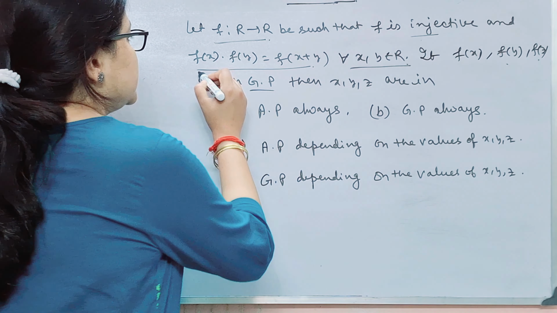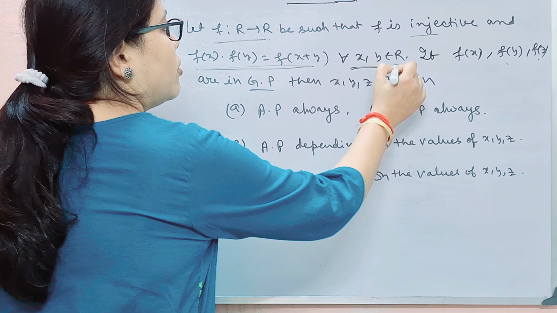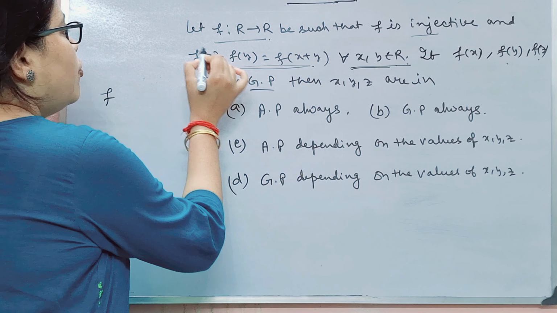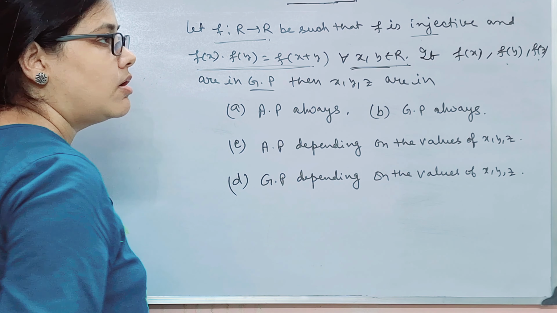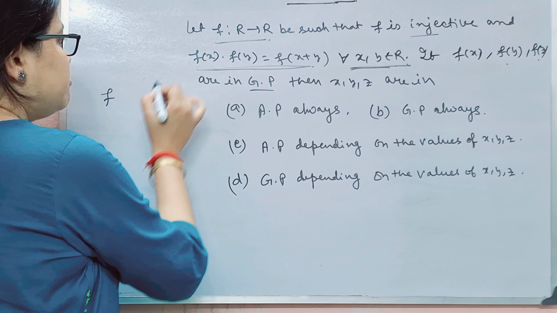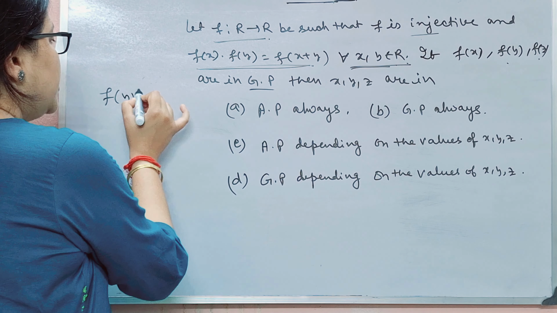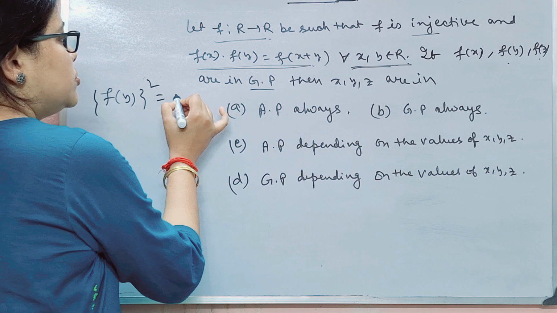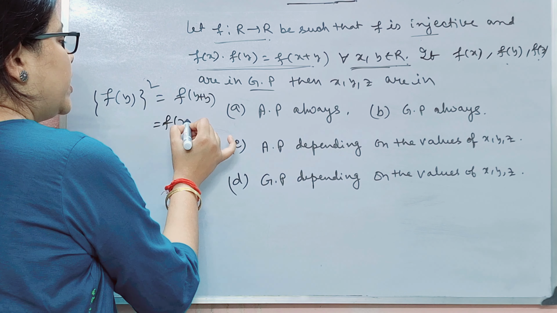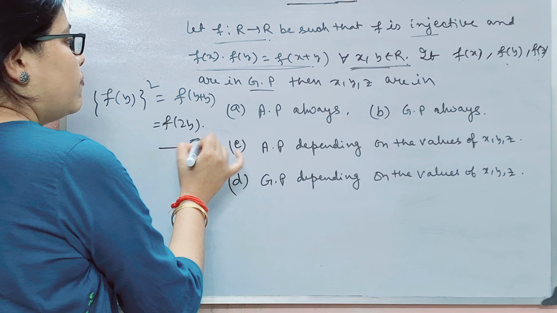Now at first, this relation holds for all x, y belonging to R. So I can put y in place of x. Then the left hand side will be f(y) whole square equals f(y plus y), that is f(2y), and this is equation 1.